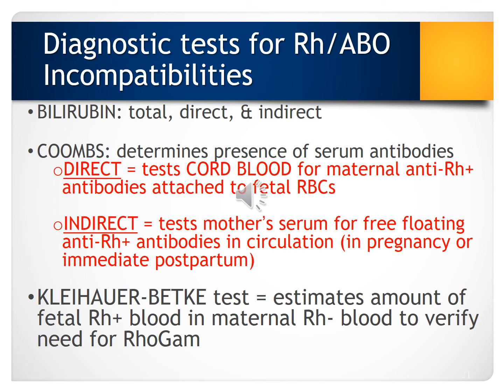So there are a couple of tests that are diagnostic for RH and ABO incompatibilities, and two to be familiar with are the Coombs test, direct and indirect.